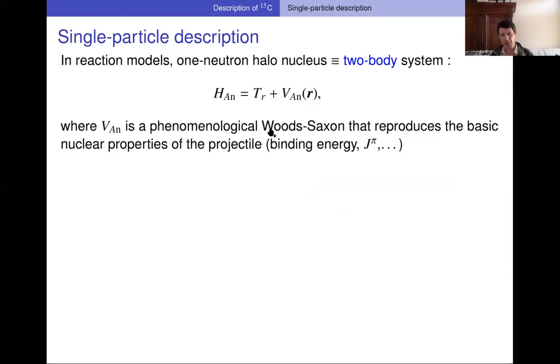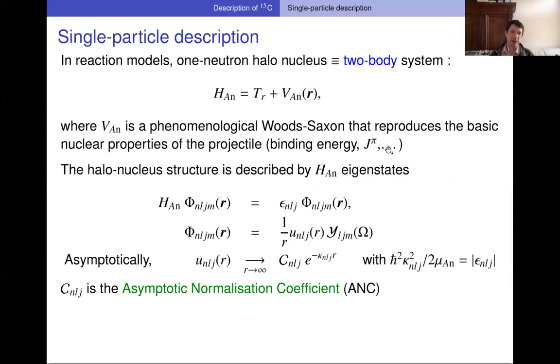Usually people pick a Woods-Saxon potential and fit its parameters, the depth and the spin-orbit strength, in order to reproduce what you know about the system: the binding energy, the spin and parity of the low-energy states, etc. The bound states I mentioned, the 1/2+ ground state and the 5/2+ excited state, are described as eigenstates of this single-particle Hamiltonian.